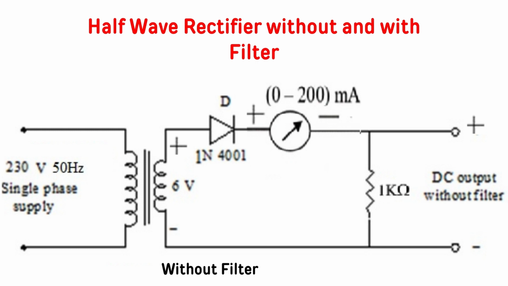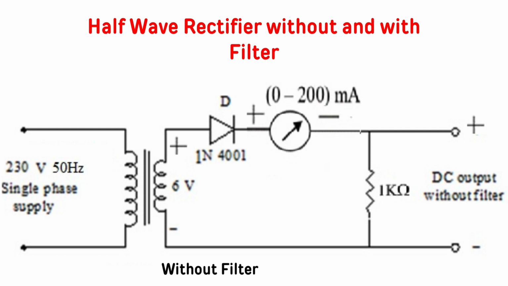The transformer reduces the voltage from 230 volts to 6 volts, which is connected to a diode IN4001 connected through an ammeter. The rating is 0 to 200 milliamperes. The output is connected across a 1 kilo ohm resistor, and it can be observed either by using a multimeter or by the waveform in the CRO.